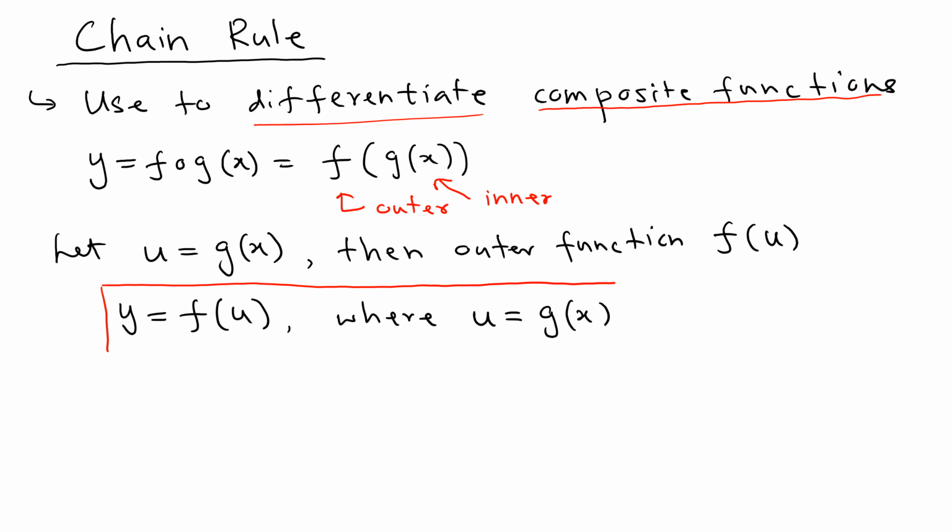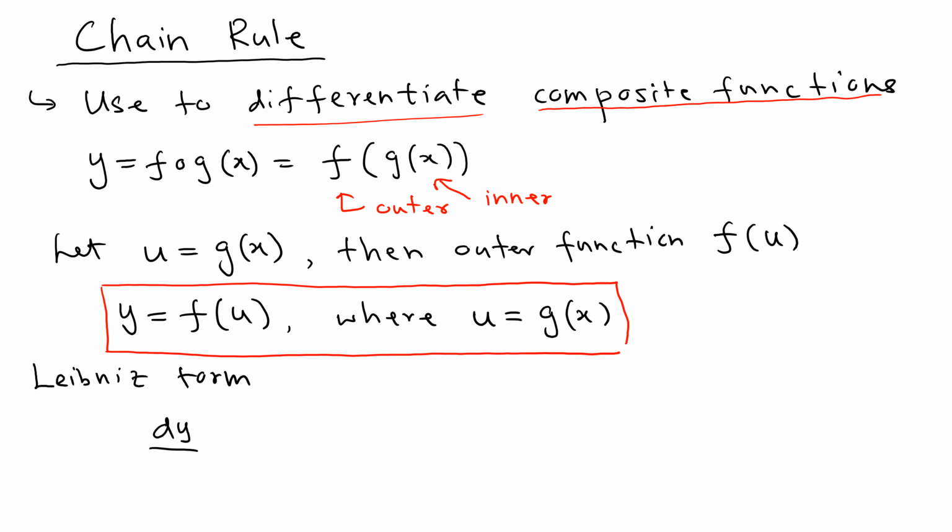So that's the first step to use the chain rule: figure out the inner function and the outer function. After you figure out these two, we can write the formula. This is what we normally call the Leibniz form. It says dy over dx, where you differentiate the original function with respect to the original variable, which is x in this case, equals the derivative of the original function with respect to u, multiplied by the derivative of the inner function.